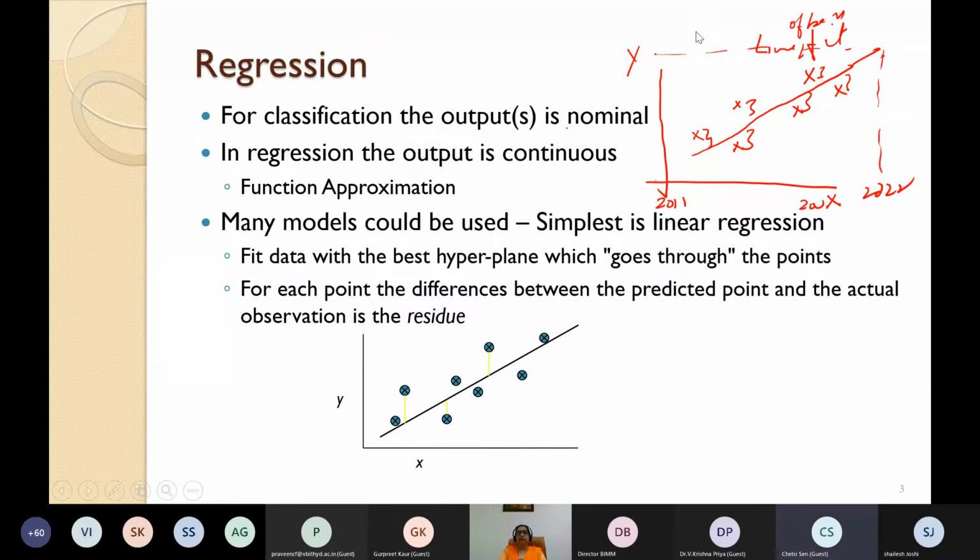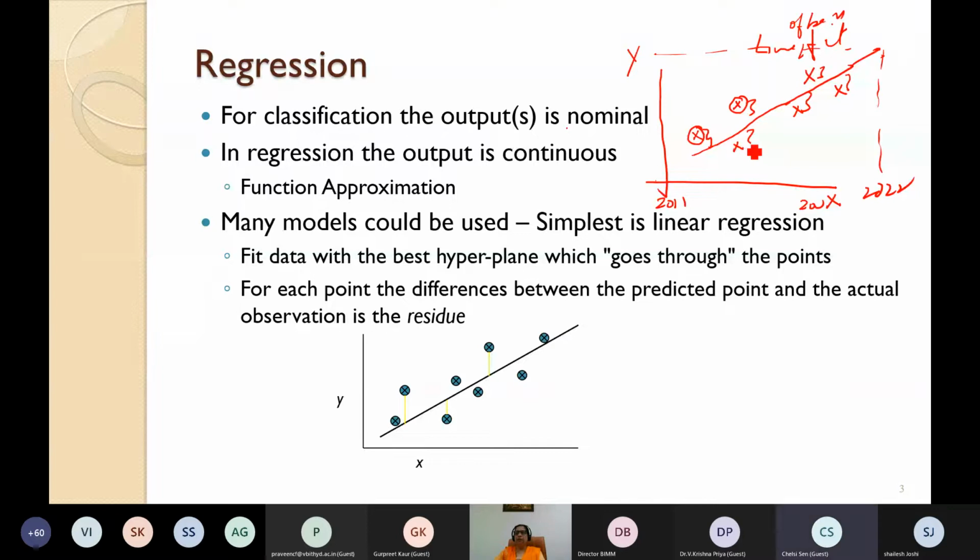So simplest is the linear regression, where you are fitting the data with a best hyperplane which goes through the different points, and for each point the difference between the predicted point and the actual observation is the residue. This straight line is the predicted point, and these points are the actual demand zones.